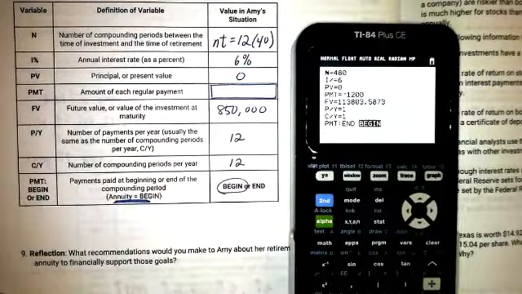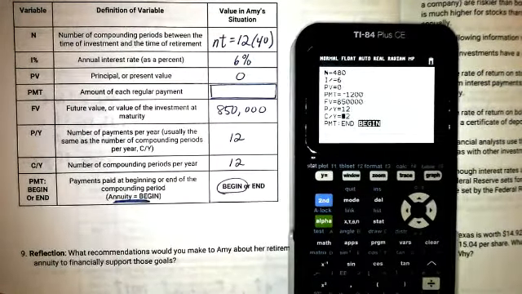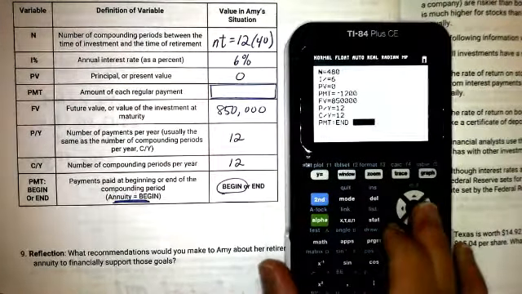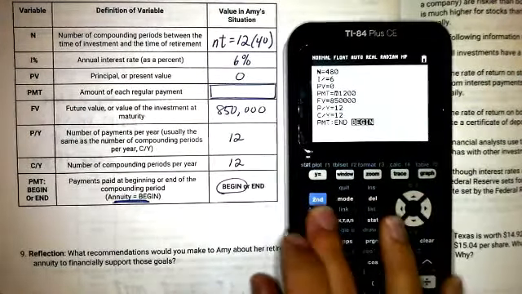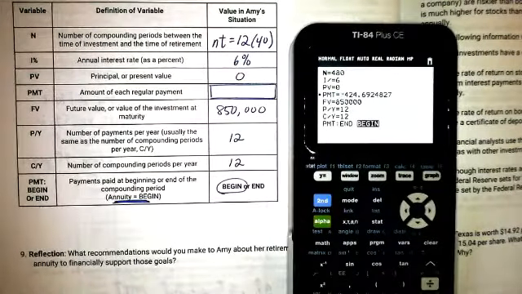We want to calculate how much she needs to invest. All right, it looks like with all that, she needs to invest that much a month, which is up from the $100 a month that she was doing. So that is $424.69.